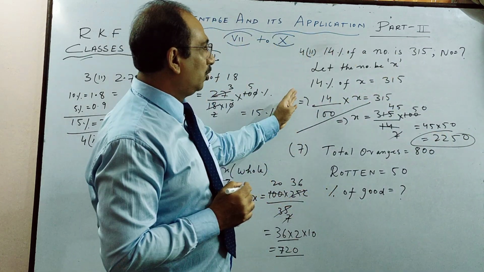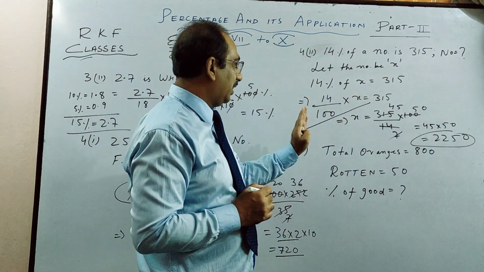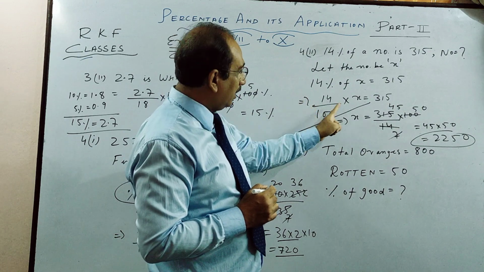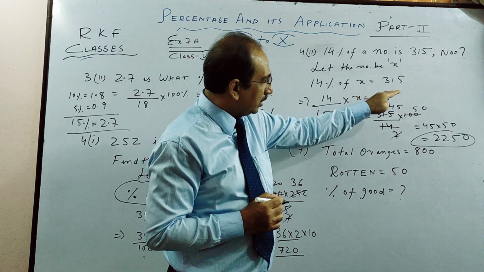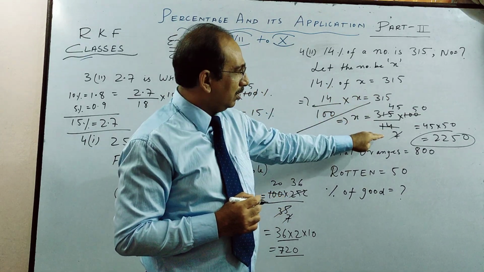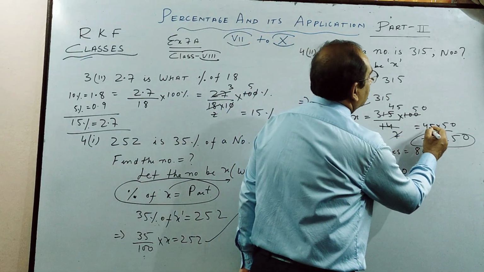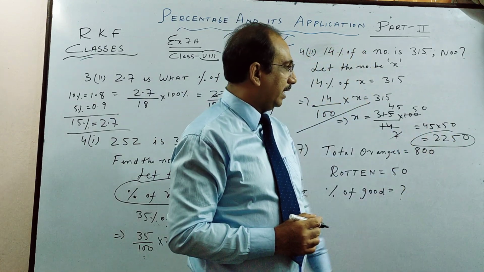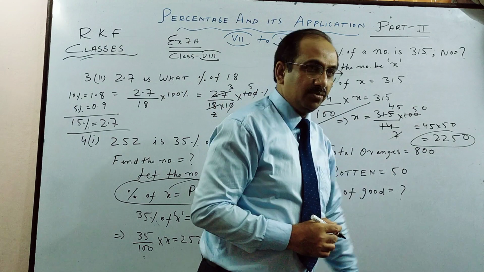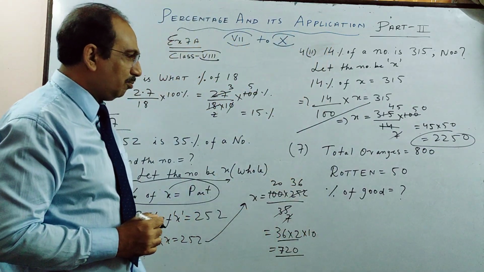So once more, 14% of whole is 315. Percentage goes, 100 comes into x. Keep x here, 100 goes up, 14 goes down, and then we cancel and simplify and we get 2250.